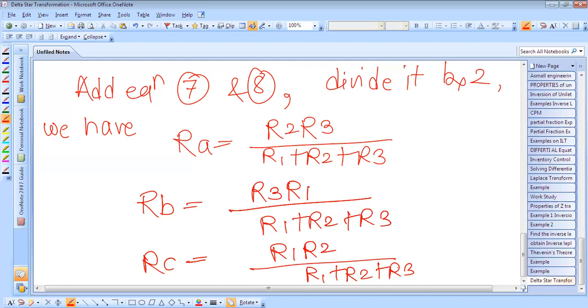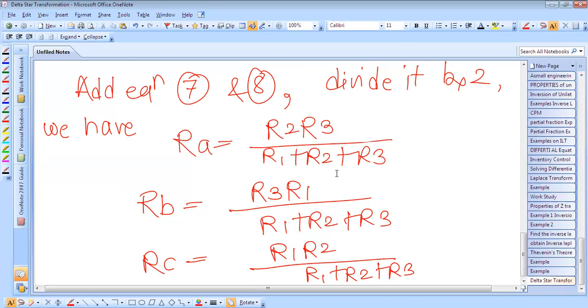So these relations express that the equivalent star resistance connected to the given terminals is equal to the product of the two delta resistances connected to the same terminals divided by the sum of the delta resistances. So to find the resistance at terminal A, we take the product of the two resistances connected to the A terminal, that is R2 and R3, divided by the sum of all the resistances of the delta connection.